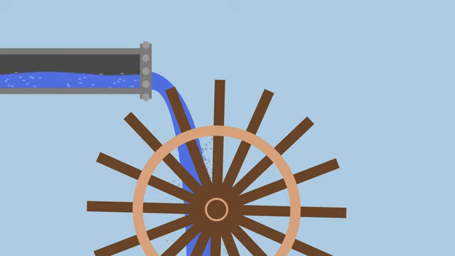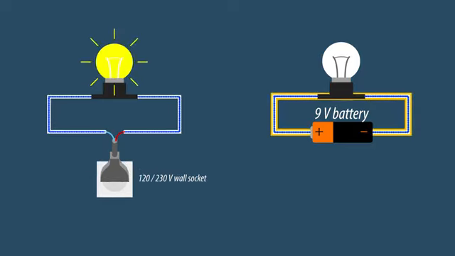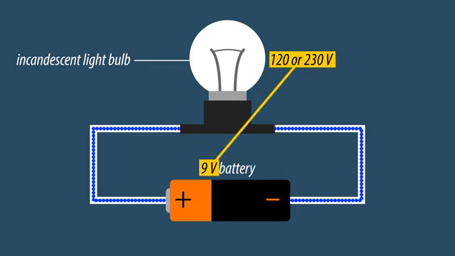With electricity and its flow of electrons, this makes for a good enough metaphor. A 9-volt battery will not be able to put enough pressure on the electrical circuit, or rather, create a sufficiently strong current to power an old-fashioned light bulb, which requires 120 or 230 volts depending on where you live.